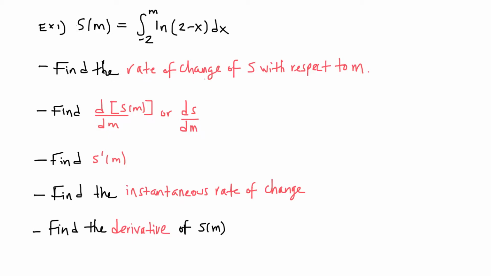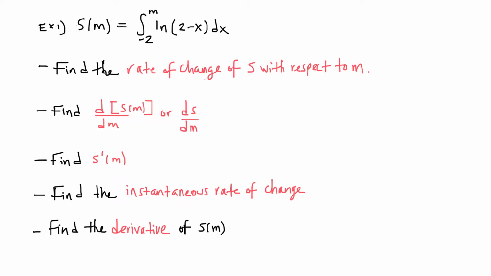If they say find the rate of change of s with respect to m, that's exactly the same as saying find the derivative of s of m with respect to m, or simply ds dm. Another way would be find s prime of m.